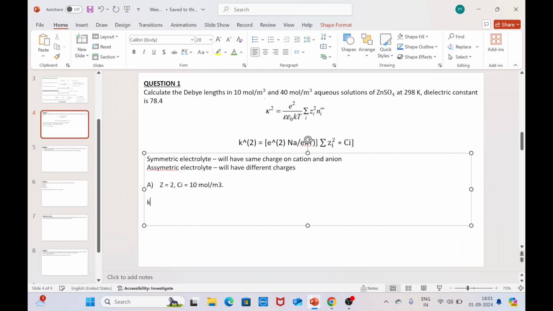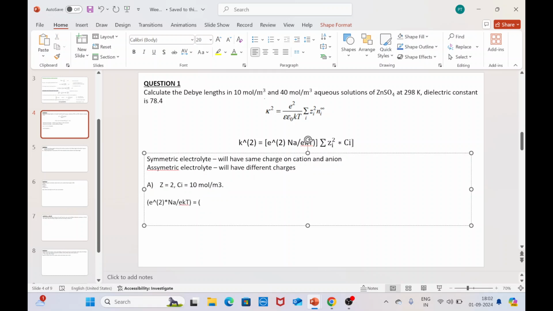So you can take kappa square as e square times Avogadro number by epsilon kT. Let me write this value.